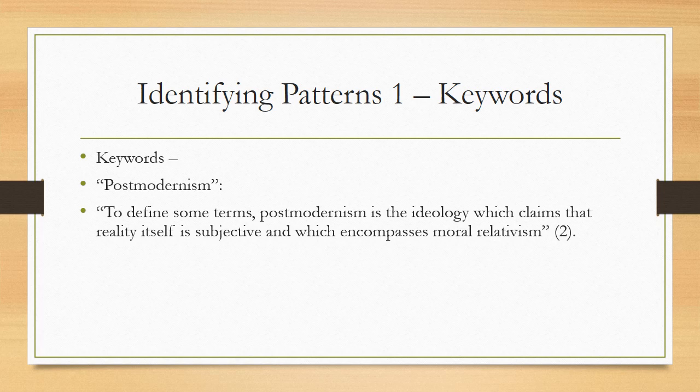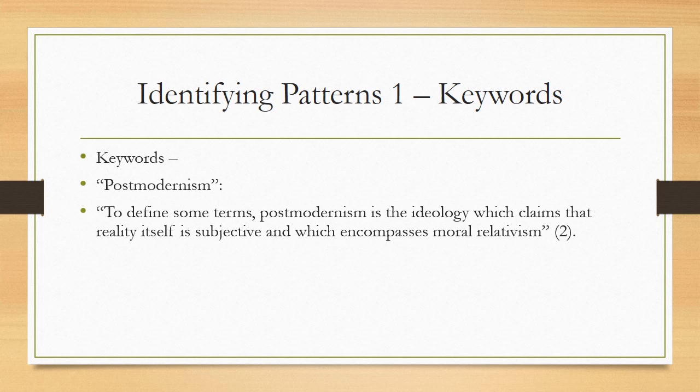It's become much more subjective. A big part of this student's paper is noting that change, and that's why he has the phrase "encompasses moral relativism" here. Morality is relative, individual, or subjective rather than objective. So it's a good, clear, succinct definition that makes sense.